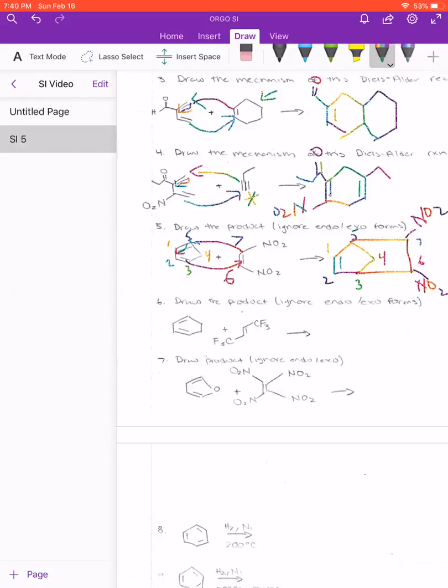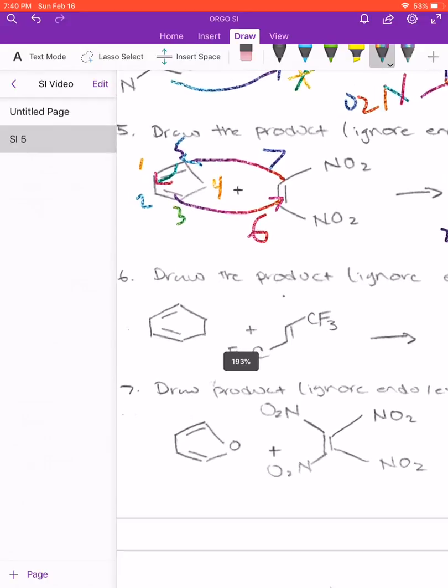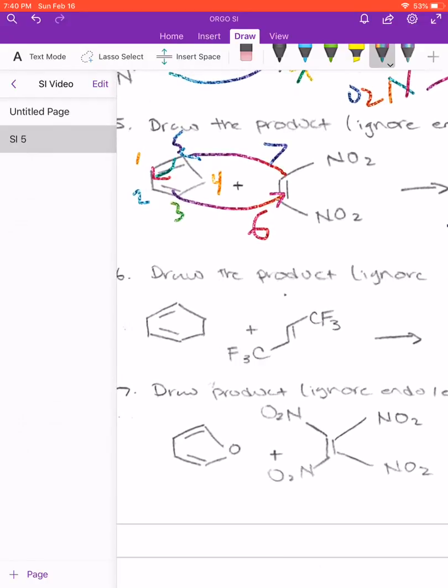So I'm going to do that one more time just so we can recognize how to draw this. Okay, so carbon number 1, carbon number 2, carbon number 3, 4, 5, and 6. And we can do this as carbon number 7, carbon number 8.